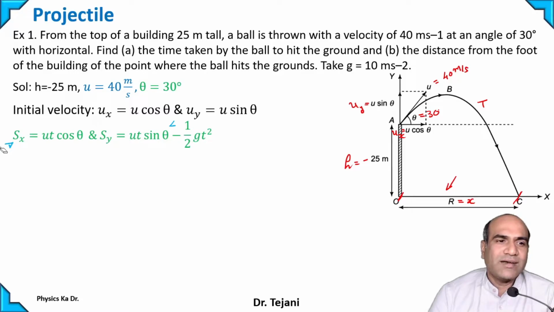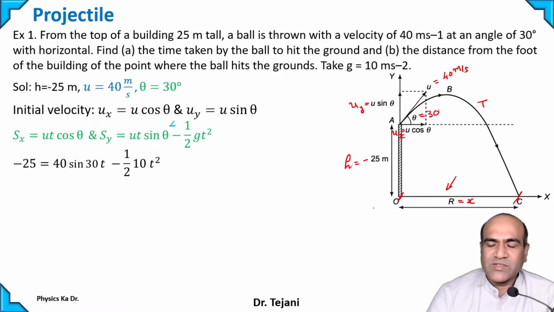So now what next? We have the equation for distance. We have the vertical height of the building, h is equal to minus 25. See, we initiated the ball from this point A and it was thrown up.